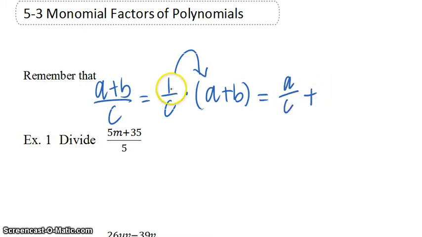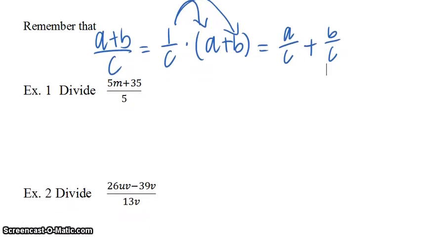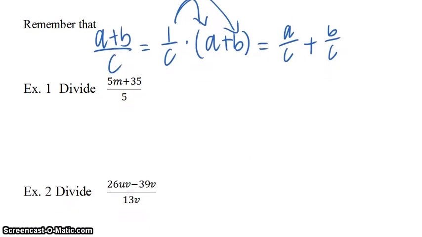And then we have plus 1 over c times b, which is b over c. So we started with a plus b over c, and we ended up with a over c plus b over c. Now this only works when you have it as one term in the numerator. There are very confusing things on what you can and cannot do with the denominators and splitting up, but these we can.